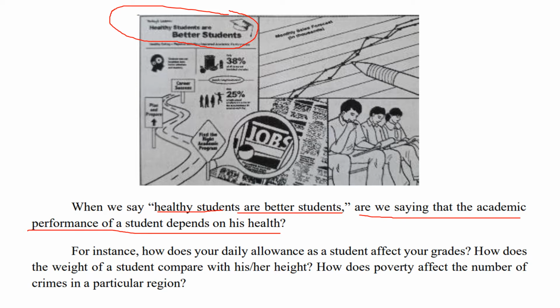We can say that healthy students are better students, but not all the time. It doesn't mean that if the students are healthy, it's automatic that they are performing students. There are times that even if they are not healthy, they are performing students.